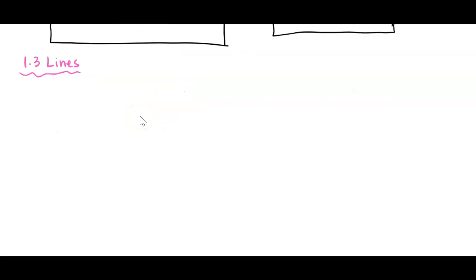All right, so I want to talk a little bit about a few things in 1.3 also that you may have come across or maybe had some questions on. But just to clarify a few things that you talked about in this. So first of all, lines, linear equations, I guess is another way to say this, right? Linear equations can be written in a lot of different ways.